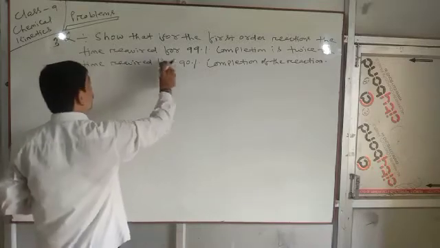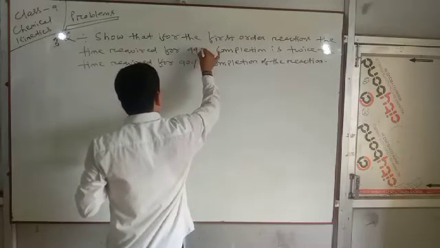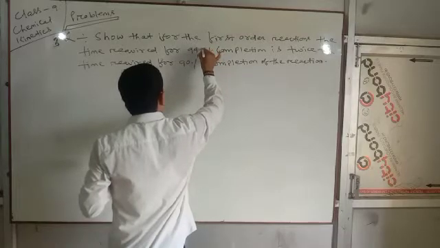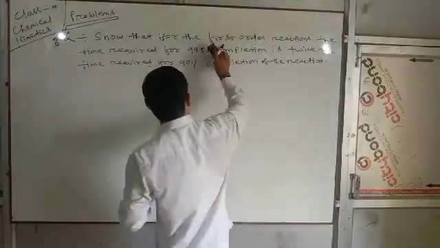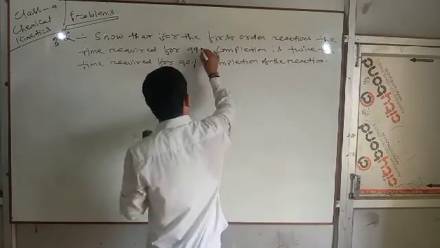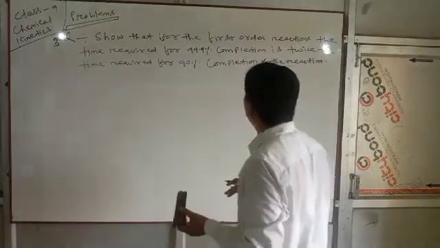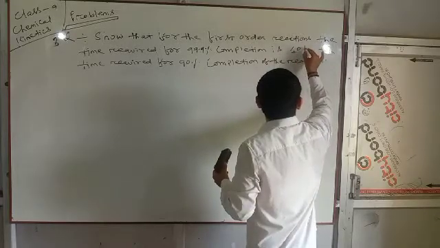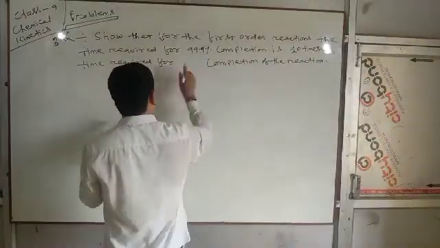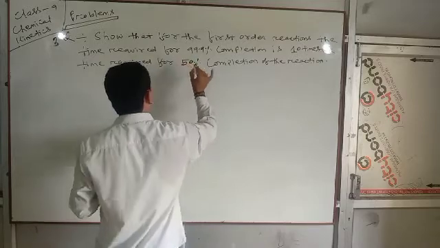So that for the first order reaction the time required for 99.9% completion is 10 times the time required for 50% completion of the reaction.